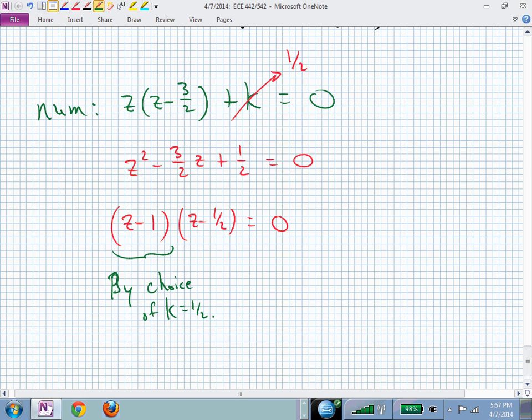So by the choice of k equal to 1/2, that helped us factor that, and now we have closed loop poles at 1 and 1/2. These are our closed loop poles with k equal to 1/2.